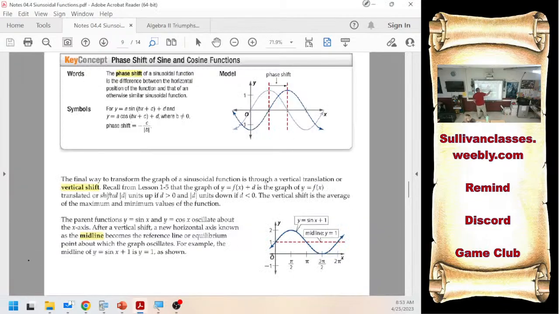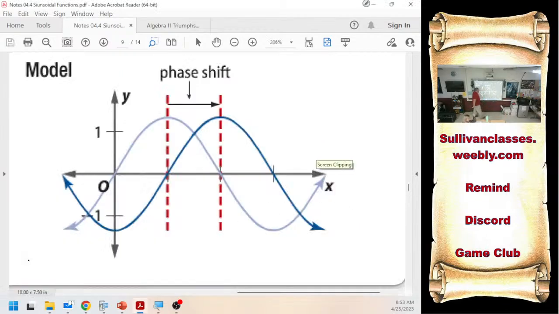Phase shift is a horizontal translation, which means I'm going to take sine and I'm going to shove it over that far. Now, it's really difficult to start, say, in between pi over 2 and pi, but I need to start like 2/5 of the way there because my period is going to be pi over 10 increments. That's nasty.